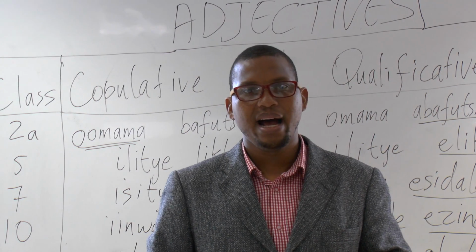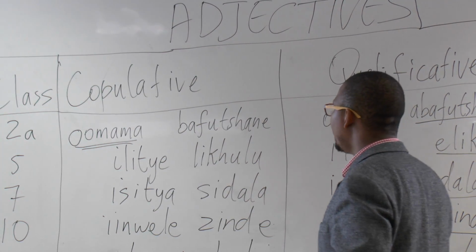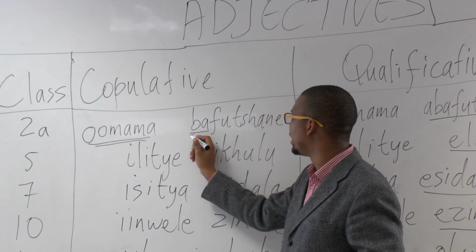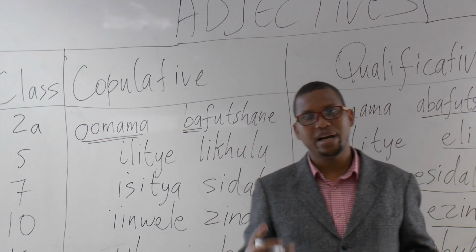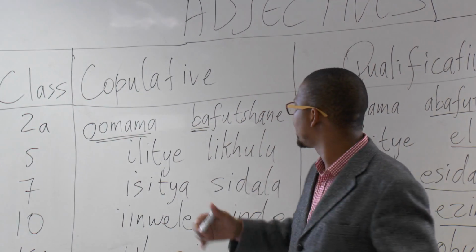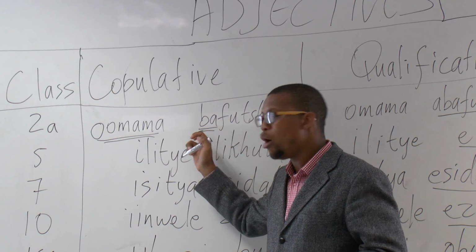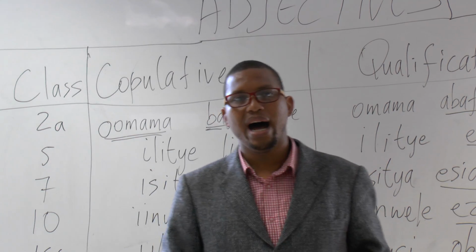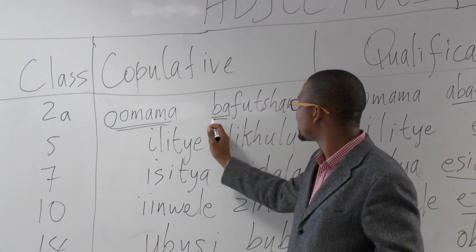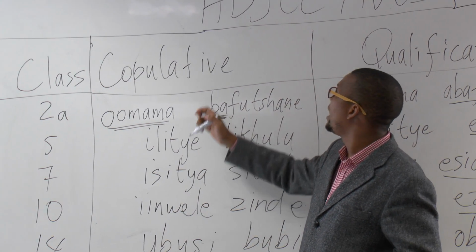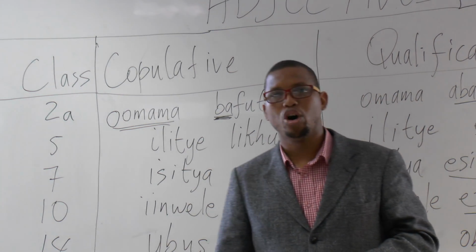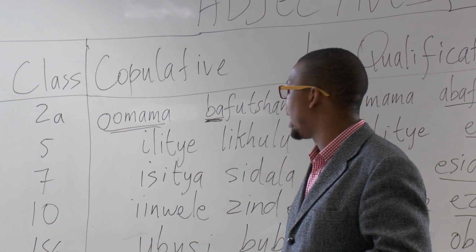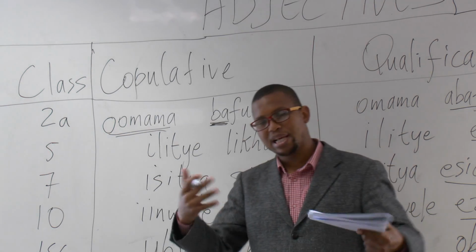Here you can tell that the adjectival concord is the same as the subject concord that we know. Oh mama ba fuchane, the mothers are short.